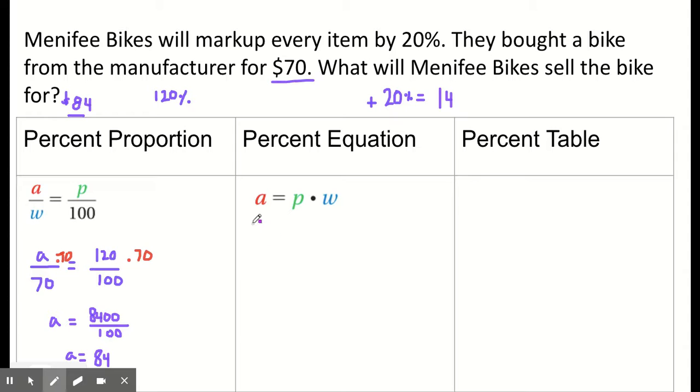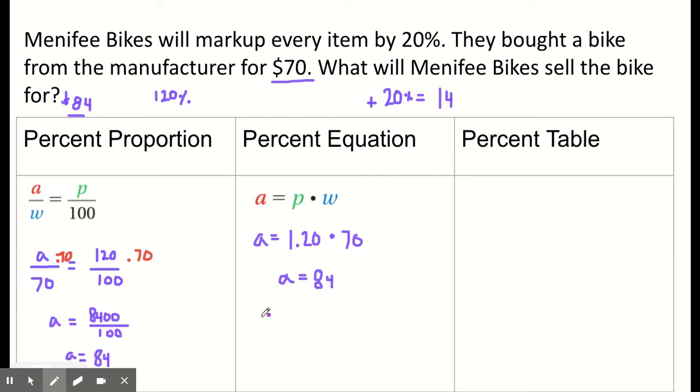All right, let's go to this question. We don't know the part. The percent is 1.20, 120% written as a decimal, times the whole, which is 70. If I multiply those two numbers, I get 84. Now, this was a pretty easy one to use the equation for, right?